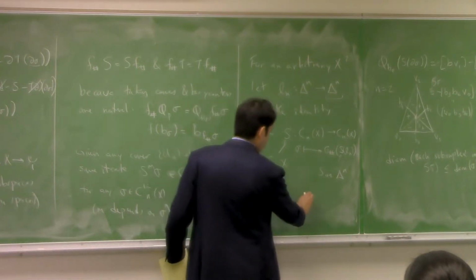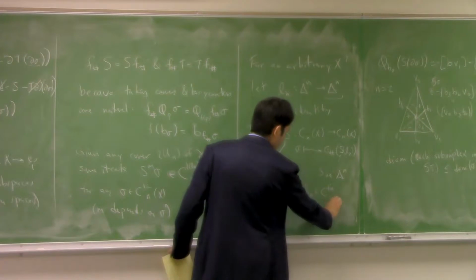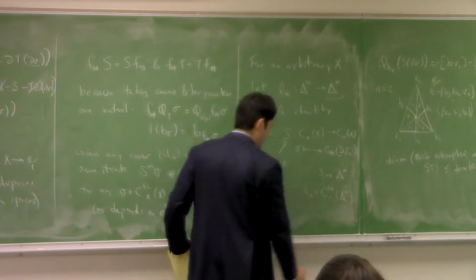Right, so this works because L sub n is a linear n-chain on delta n.